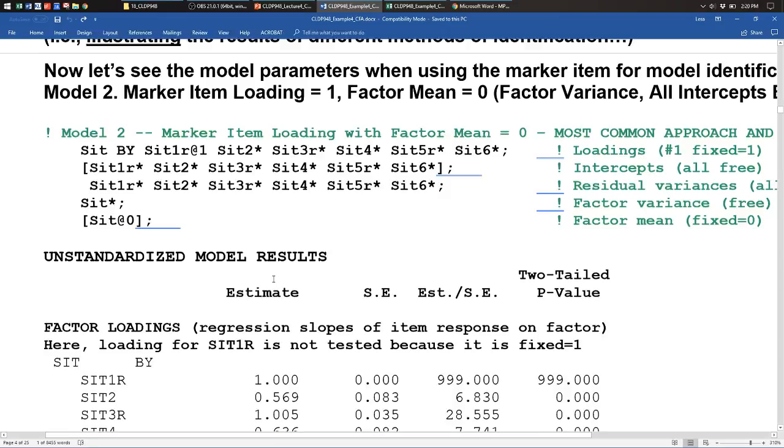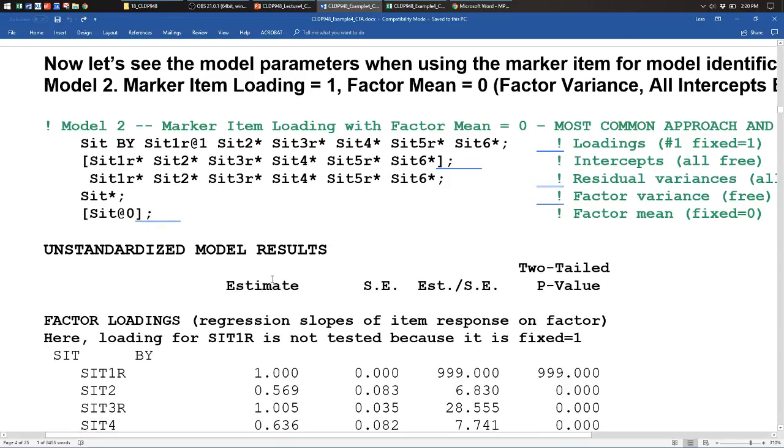Let me show you what the results look like if you choose a different method of identification, if you use the M+ default. I promise I won't sing at you this time unless you want me to, but this is the idea of picking a different key for happy birthday, right? It's still happy birthday, just starting in a different place for what 1 means. Here's the same code, sit 1 at 1.